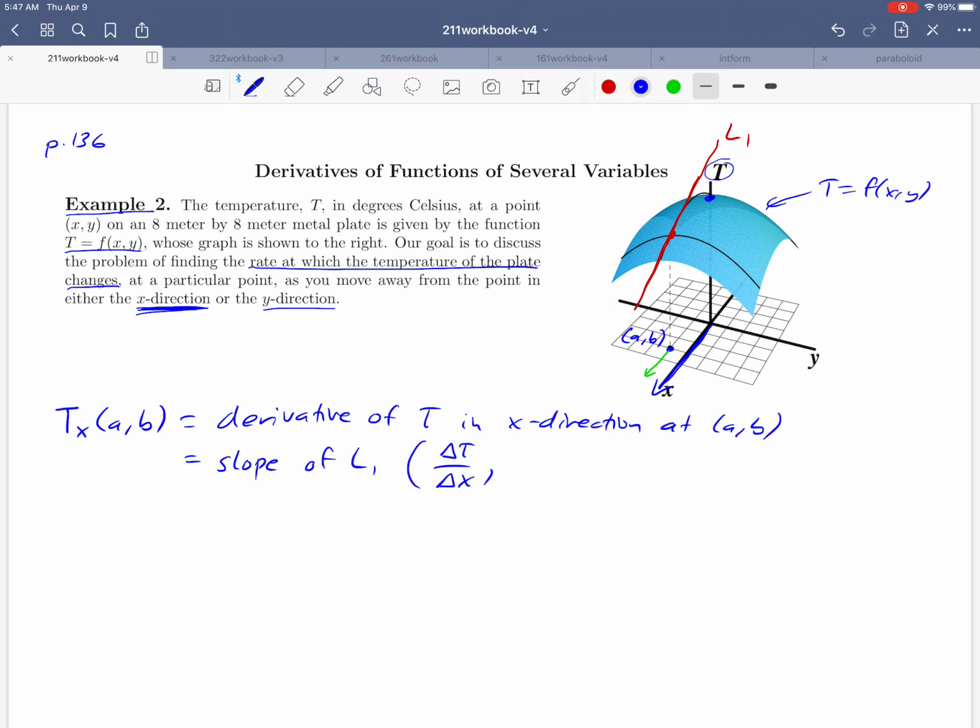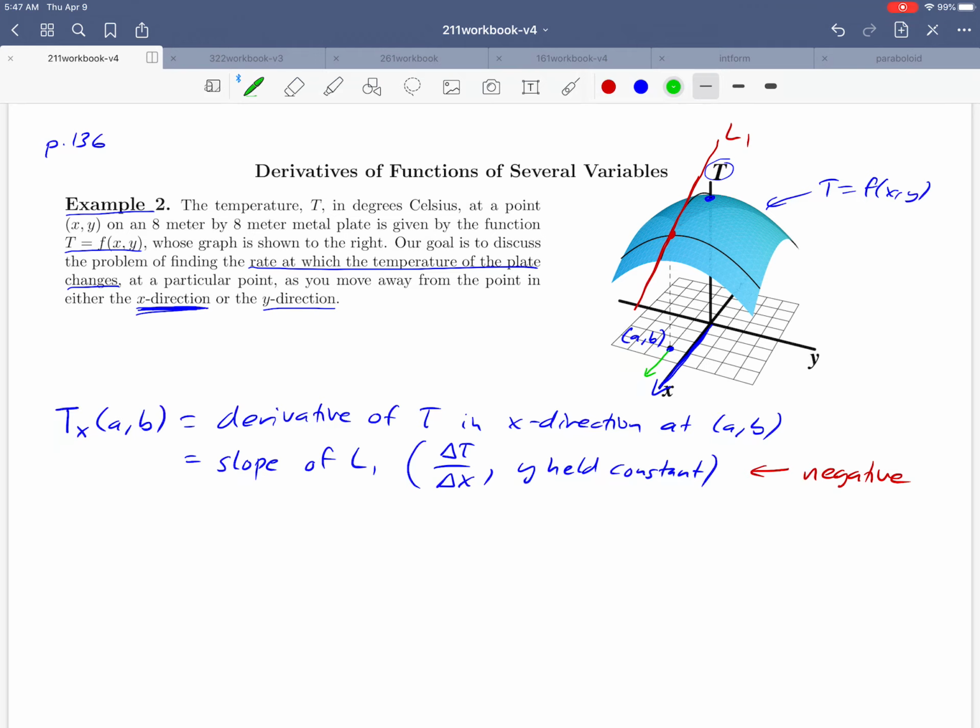Those were the only two variables that were involved, and y was actually constant. y wasn't changing because we were just moving in the x direction. And recall that we made the observation that it looked like that rate of change was negative because we were going down on our surface as we move in that direction. So we'll make the comment that this derivative appears to be negative.